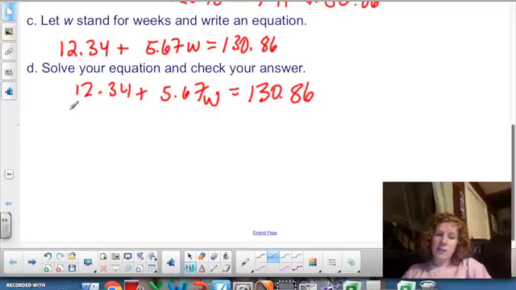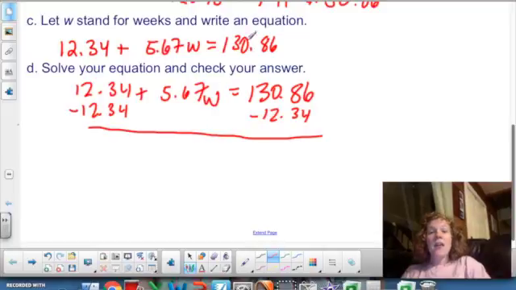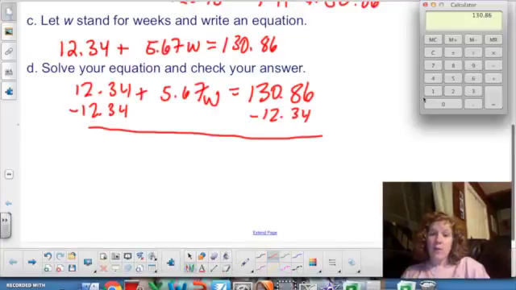So the first thing I'm going to do is subtract off that 12.34. In the problem, that means I'm just working on isolating the variable. In the context of the situation that we have, what we're doing is we're subtracting off the savings that we've got to see how much I have left to save up.